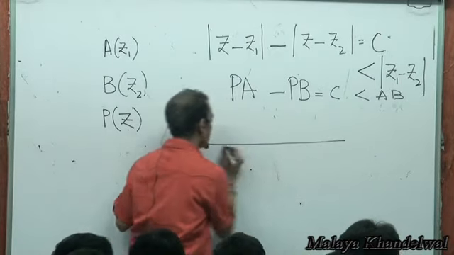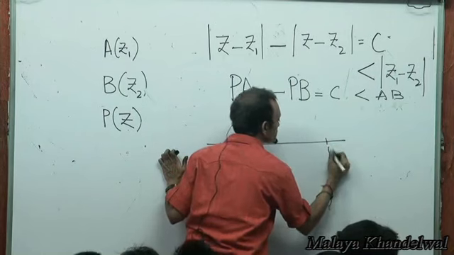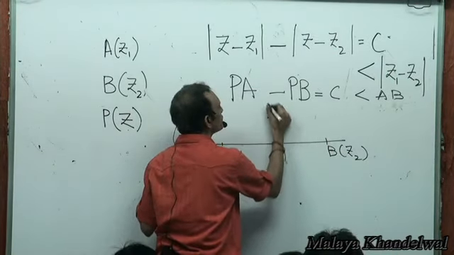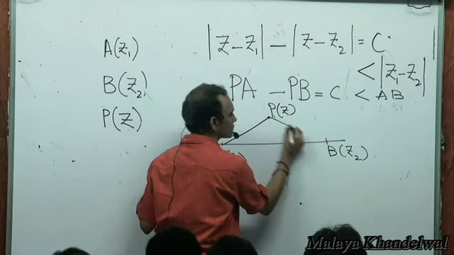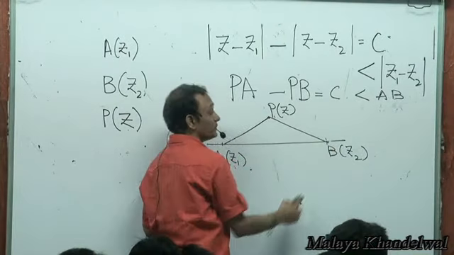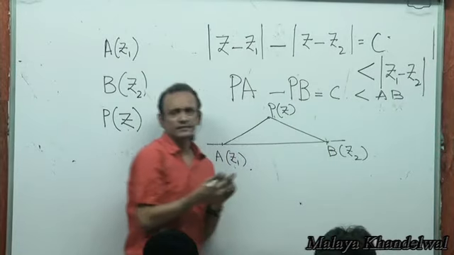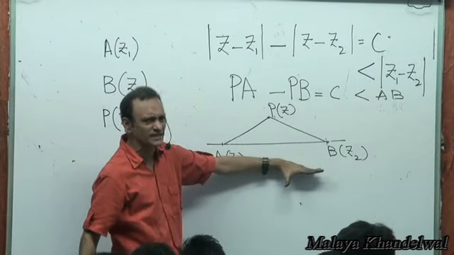So this is A, which is Z1, this is B, which is Z2, this is P, which is Z. Then this statement is like PA minus PB, and PA minus PB obviously has to be less than AB, the difference of two sides of a triangle has to be less than the third side.